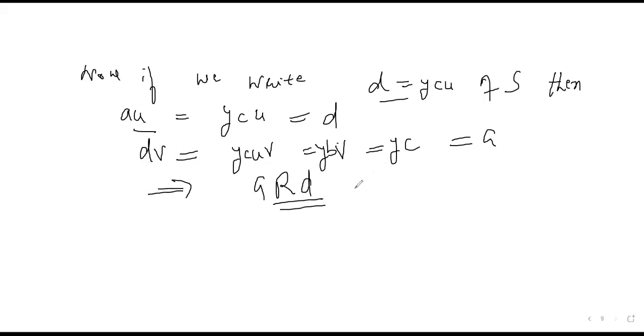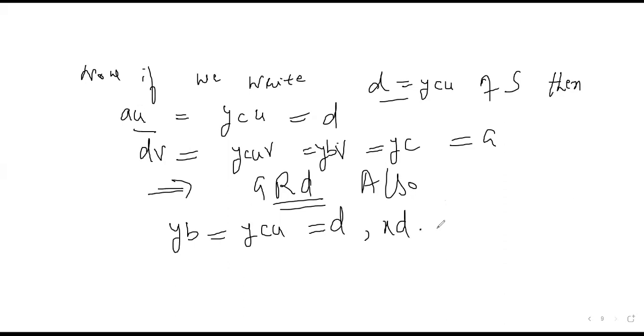Okay. Now also, now if you take YB equals YCU, and YCU is D. And similarly, if you take XD would be XYCU, and this is going to be XAU, and this is equal to CU, and CU is B. So this means DLB.